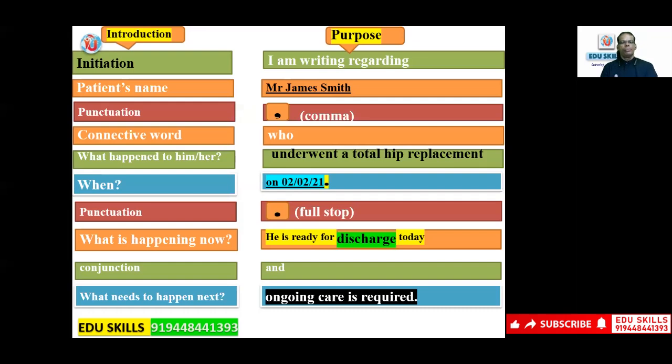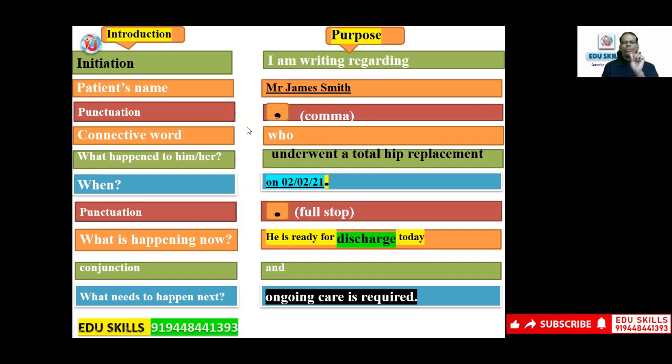Full stop. Then begins the second sentence: what's happening now? He is ready for discharge today. Now conjunction, and what needs to happen next. Ongoing care is required.